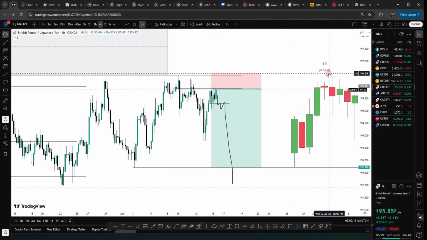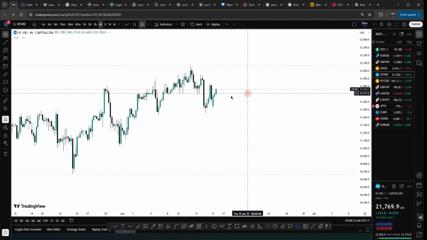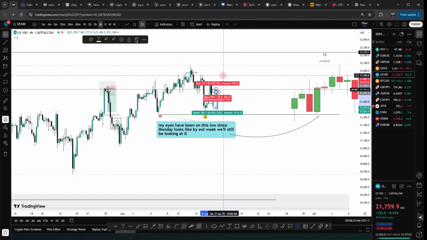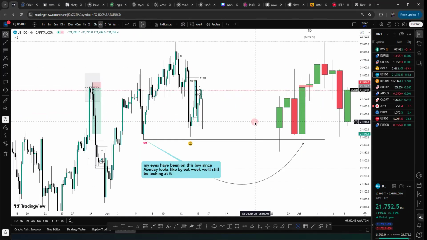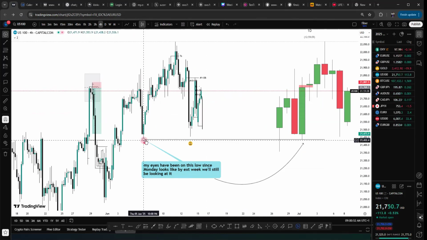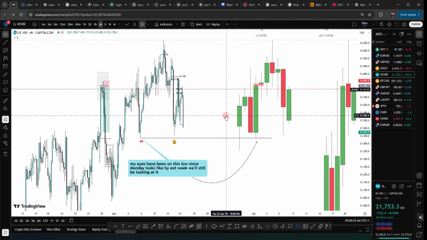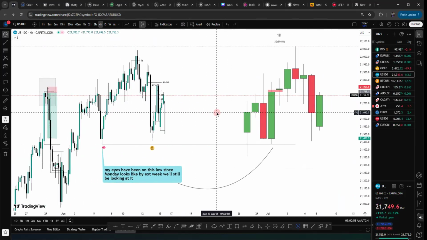So let's look at Nasdaq. Last week I mentioned in the community that I'm looking for Nasdaq to trade to target this particular low right here, which was like a no-week low on the daily time frame.